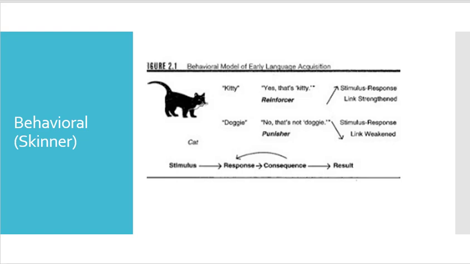There are, however, serious limitations to the behavioral explanation of language acquisition. One is that the theory makes the wrong prediction about what children will learn, particularly with regard to the order of word acquisition.